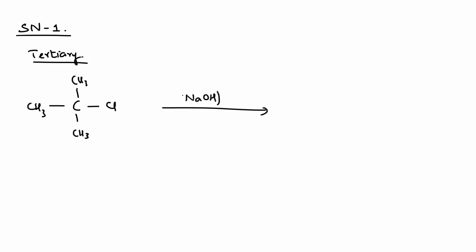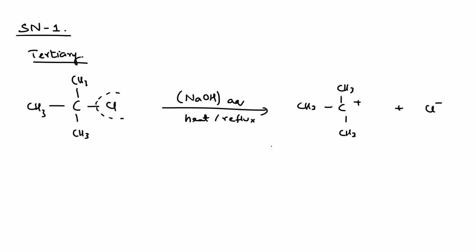OH is a very good nucleophile, aqueous, and then we have to heat it under reflux. So what happens? Initially, when you heat it, this happens. You can see that this chlorine has left the carbon. So that's step 1.